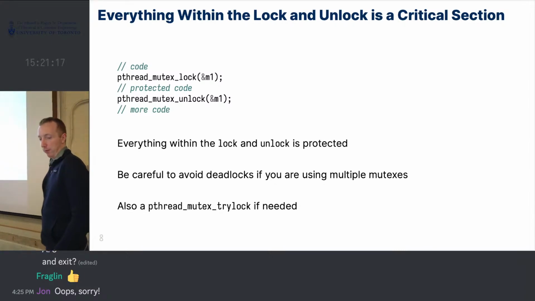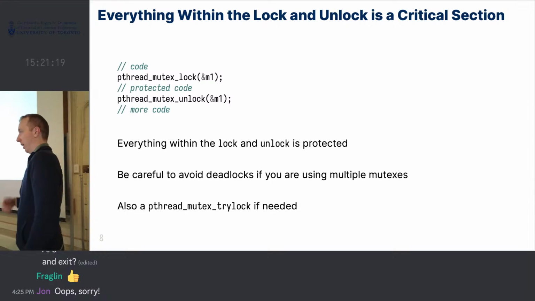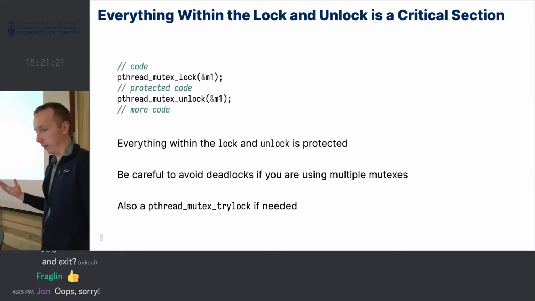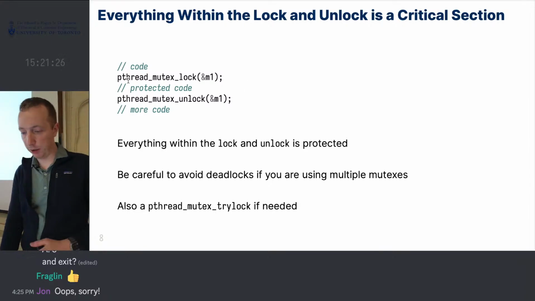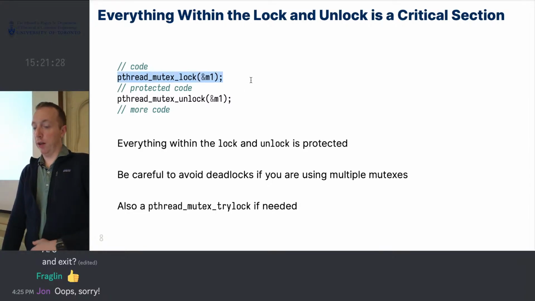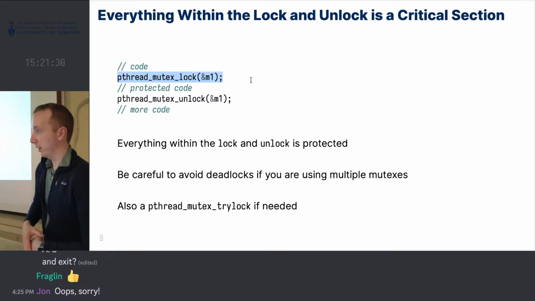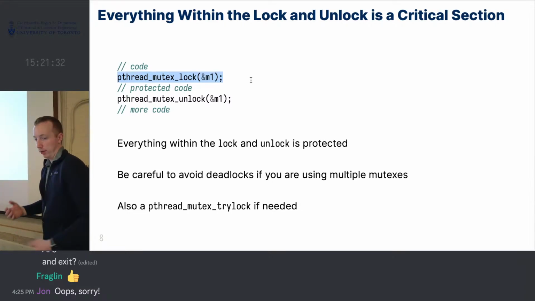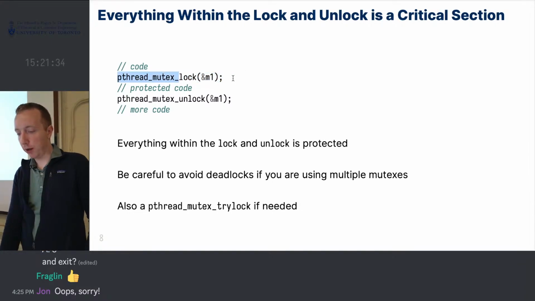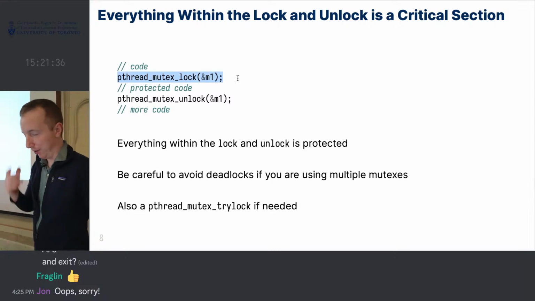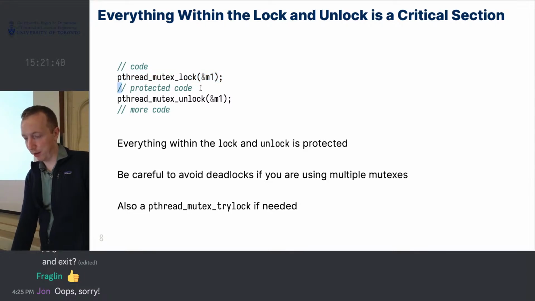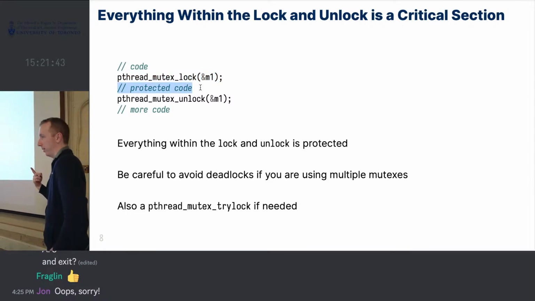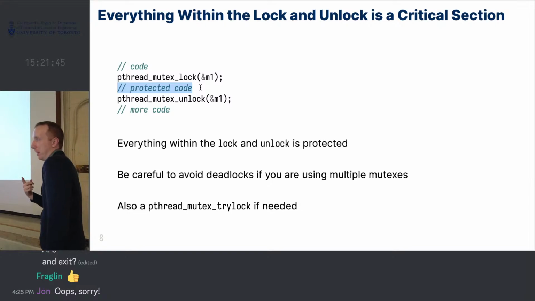So how you use them is a mutex has essentially two calls. There is a lock and an unlock. So how you use all your mutexes is any code you want only one thread to execute at once, you call mutex lock, and you can think of this protected code where you only want one thread executing at the time, kind of like, I don't know, a bathroom or something like that.